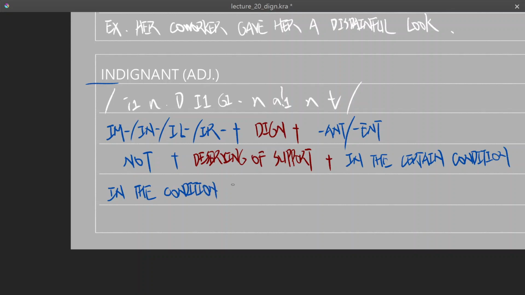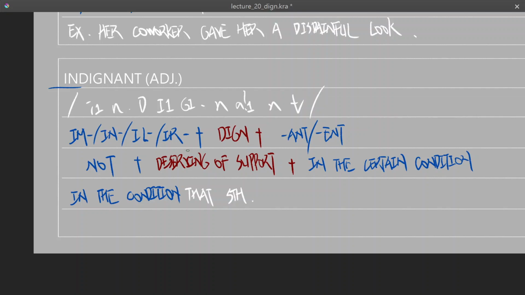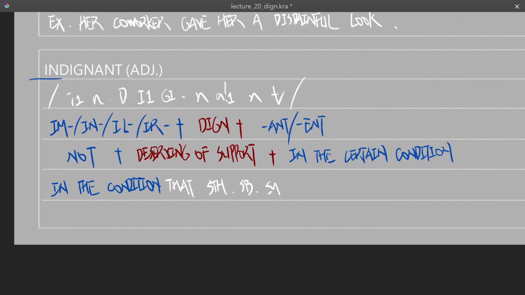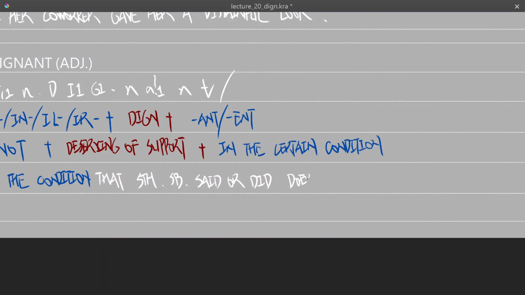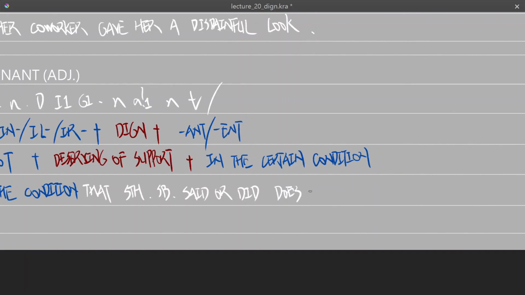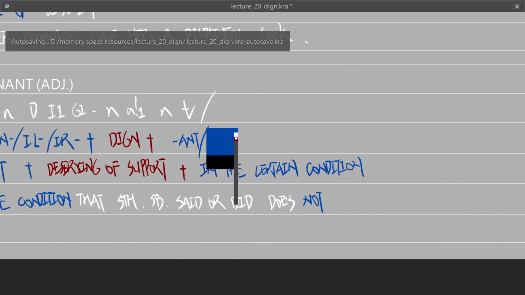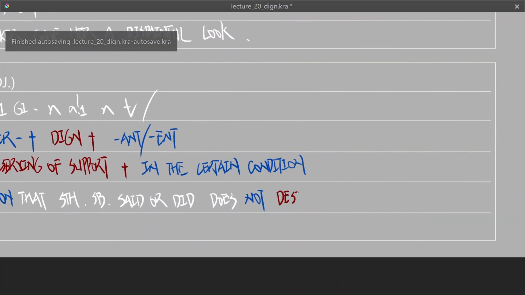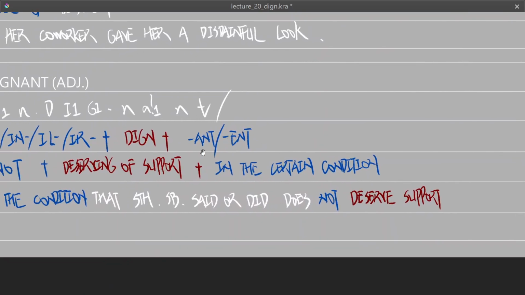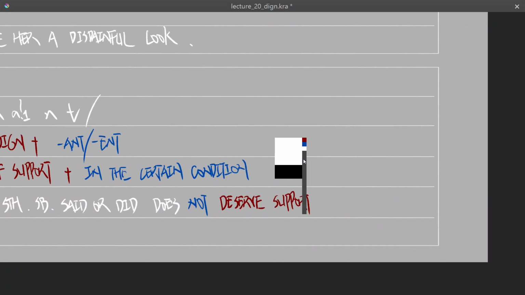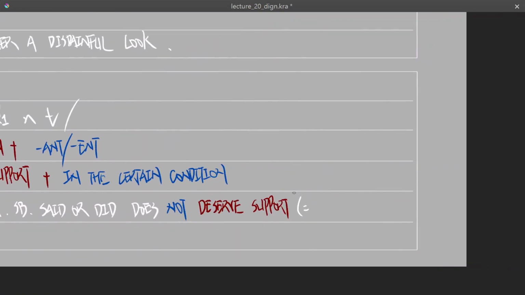In a condition that something somebody said or did does not deserve support. So what it actually means is angry.